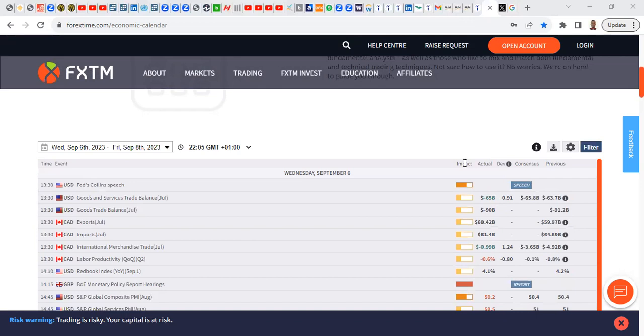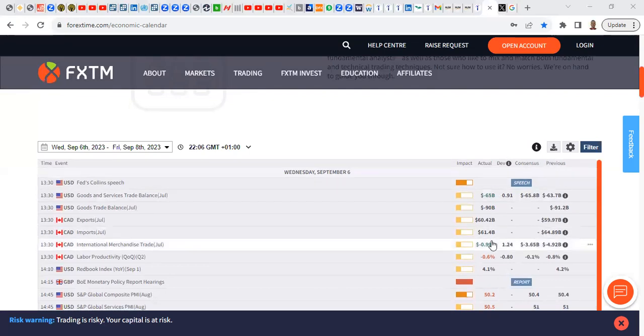This is the actual. This is the deviation, the difference between previous and actual. Then this is the consensus. And this is the previous value.